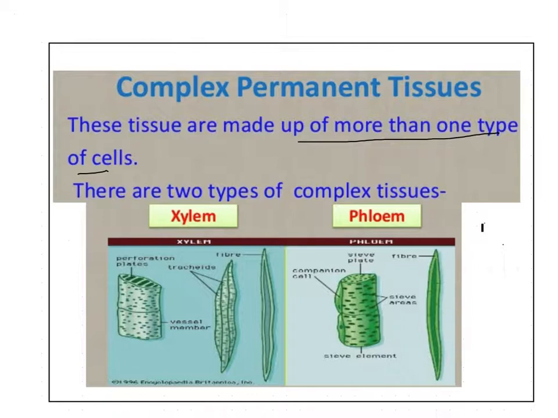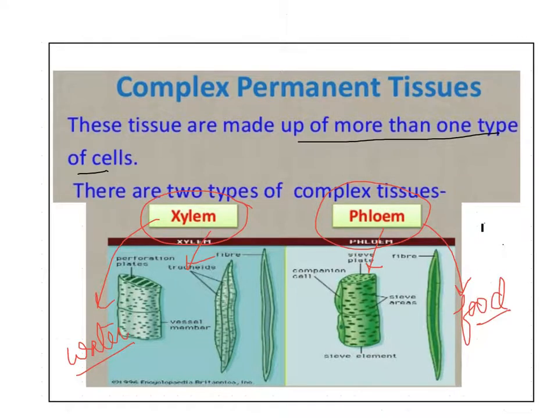The complex permanent tissue has two main types: one is xylem, another is phloem. As you can see in the picture, xylem and phloem. Xylem transports water, dear students, and phloem transports food.